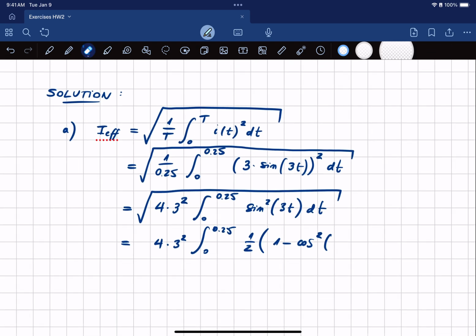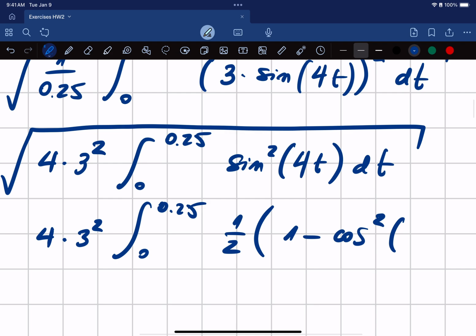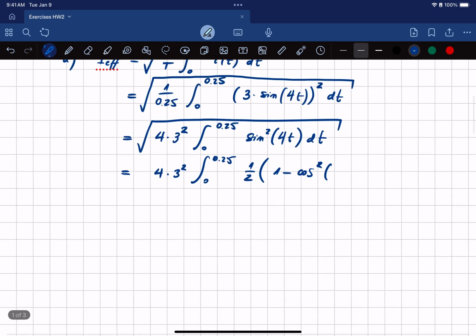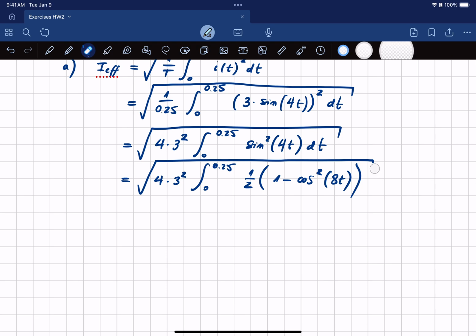Let me fix that. It doesn't matter actually, but let's use the correct value. So this should be 4. This one should be 4. So double frequency is gonna be 8t, right? That's the trigonometric identity. Sine squared of alpha is 1 over 2 times 1 minus cosine of 2 alpha. That's essentially what we're trying to convey here.